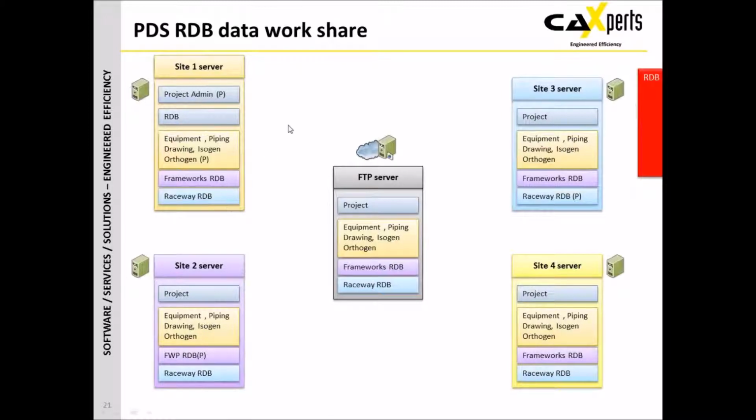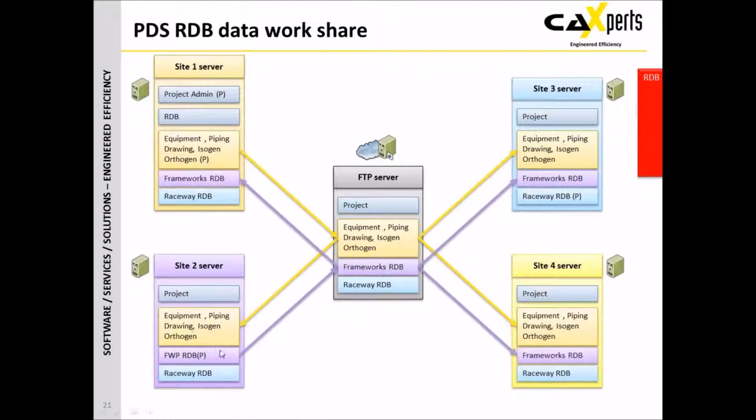Except in this case, what we've got are different primary locations for different RDBs. So for example, for equipment piping drawings in Isogen and Orthogen, the primary site is site 1. So that gets copied out to the hub and then out to the satellites from there.